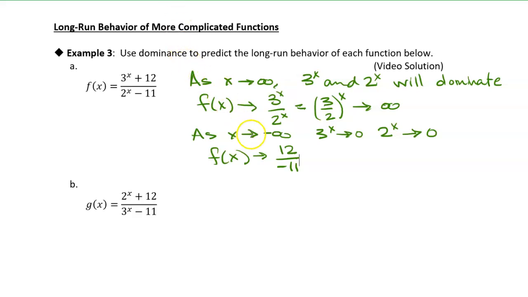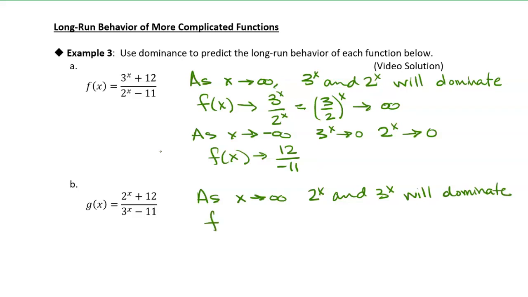So part B is the same thing, only the 2 to the x and 3 to the x are swapped. So again, as x goes to infinity, 2 to the x and 3 to the x will dominate. I'll just ignore the constants, because if 2 to the x and 3 to the x are really, really big, it doesn't really matter that 12 and 11 are so small.